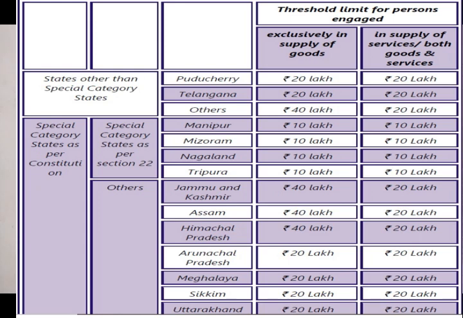The benefit is available to them. But when it comes to Arunachal Pradesh, Meghalaya, Sikkim and Uttarakhand, it is 20 lakhs, because they were part of our exception, which I said just a few minutes back. So this table is very important for every one of us to know the threshold limit for each state. This table brings better clarity.